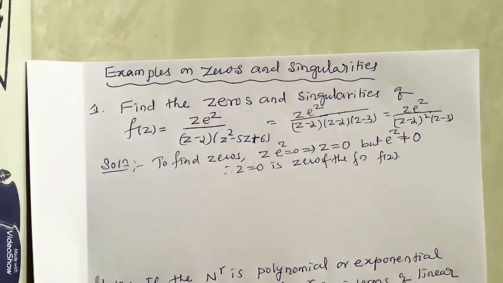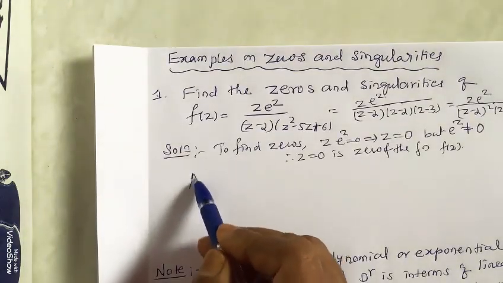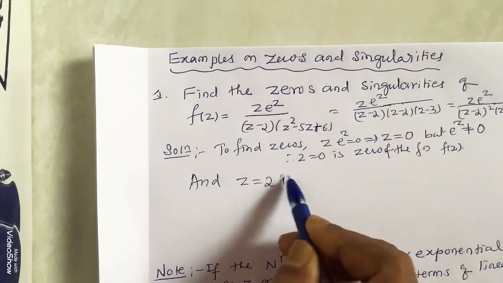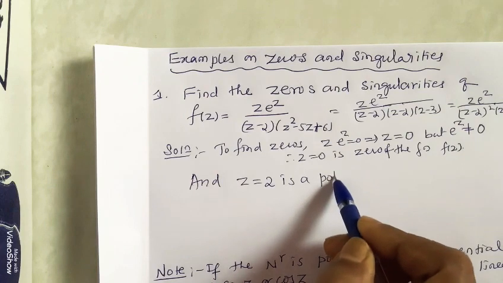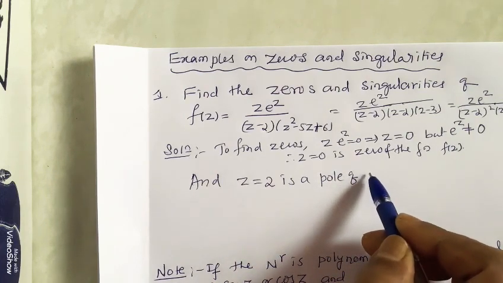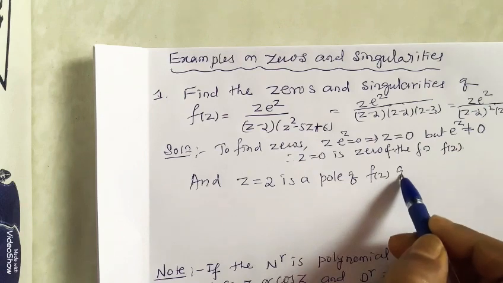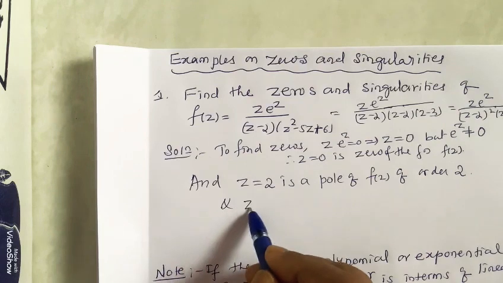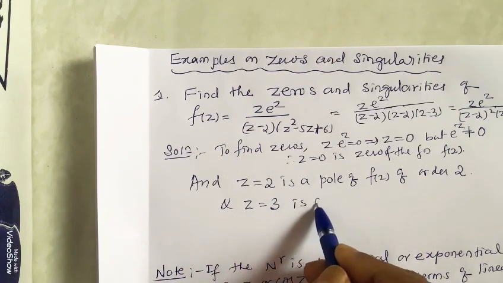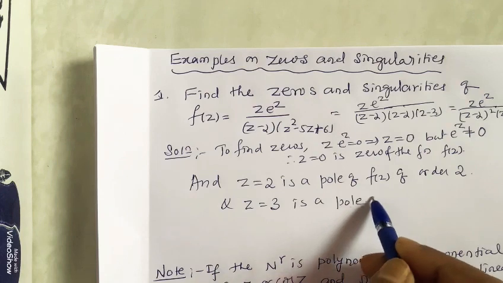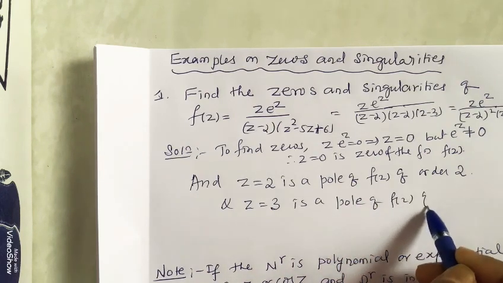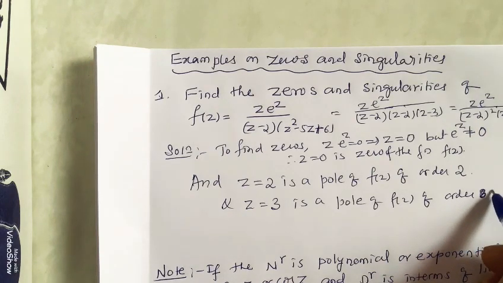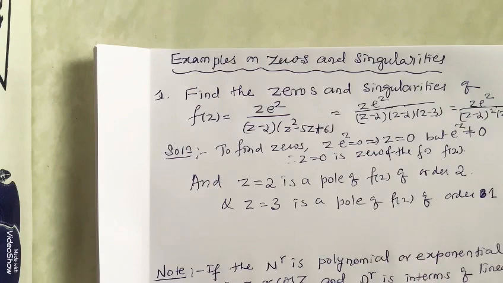Therefore, you can write: z is equal to 2 is a pole of f z of order 2 here, and z is equal to 3 is a pole of f z of order 1, or it is a simple pole.